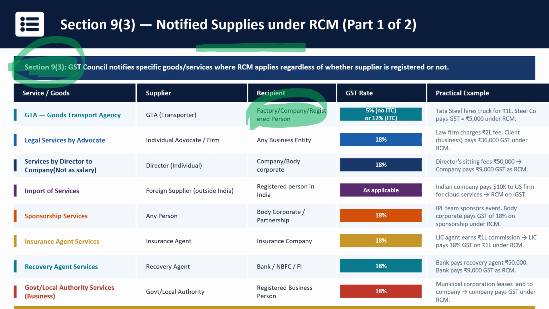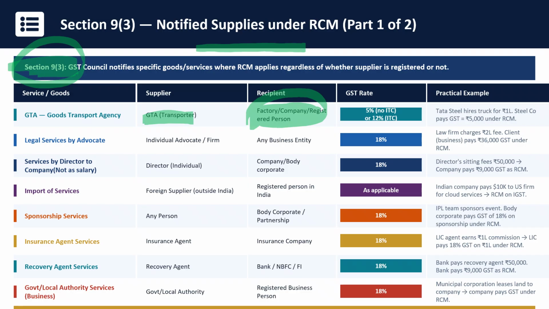Right now we have to understand that if it is a GTA service, the supplier has to be a GTA transporter. If the supply is provided to a recipient who is a factory, company, or registered person, these recipients have to pay GST irrespective of whether the GTA is registered or not. So this is how it works.